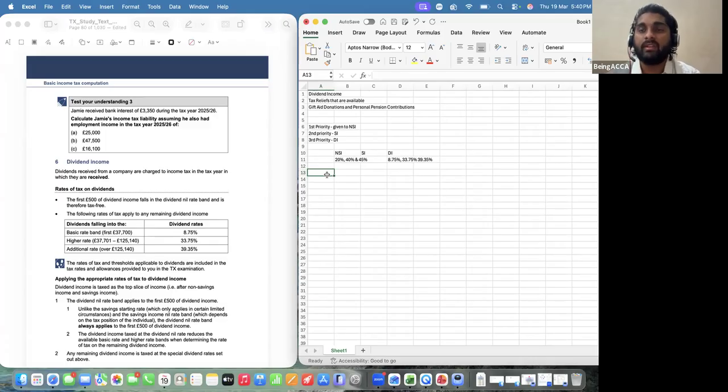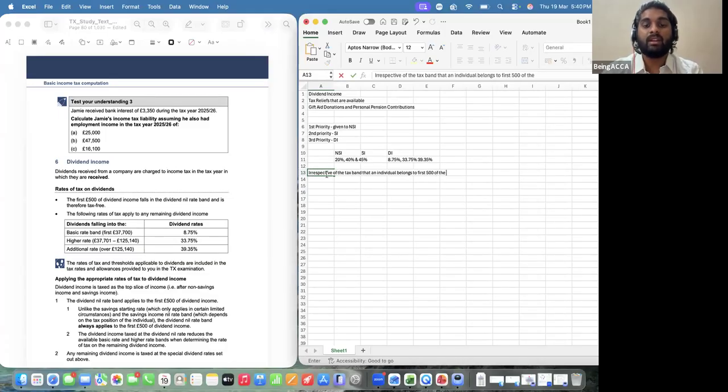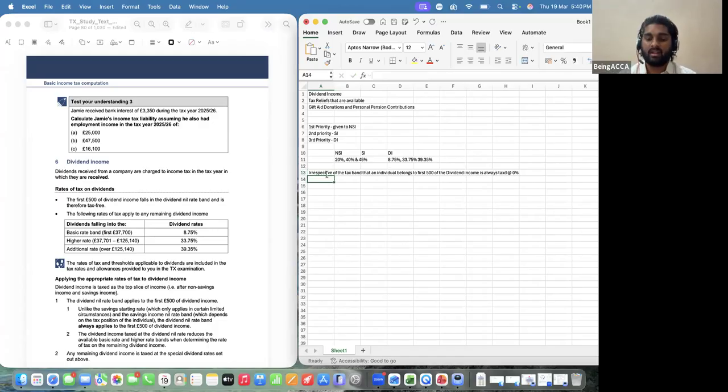But for dividend income, you should remember that irrespective of the tax band that an individual belongs to, the first 500 of the dividend income is always taxed at 0%. This is something that should be remembered at any cost, irrespective of the tax band.